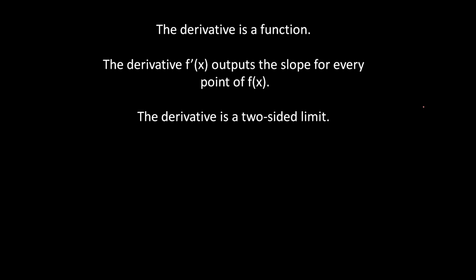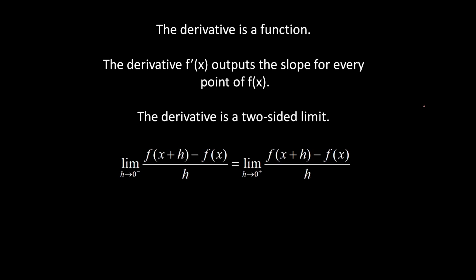Also important to remember. And it's important to remember how this is different from the limits we've been doing. The limits we've been doing have just been of the output of a function. Now we're doing the limit of this difference divided by h, which is a slope. But the two-sided limit means approaching 0 from the left has to equal approaching 0 from the right.